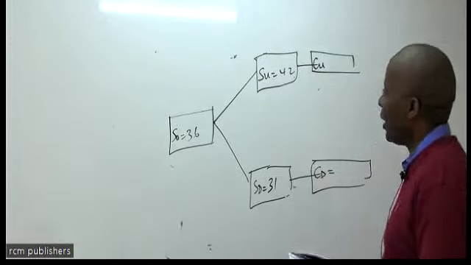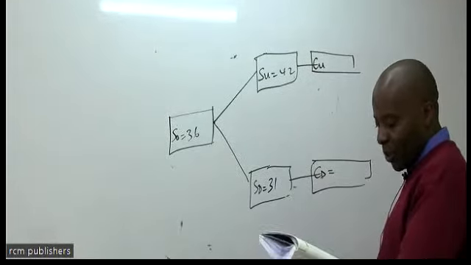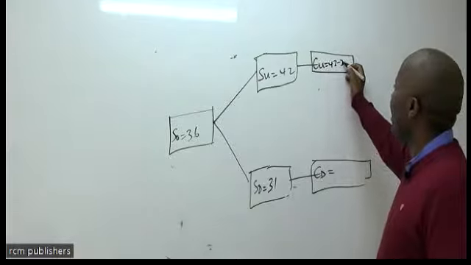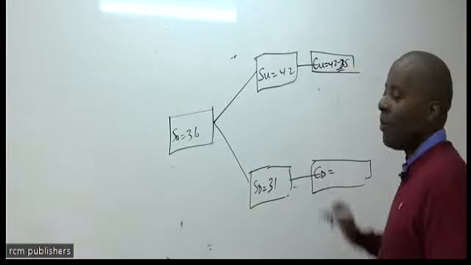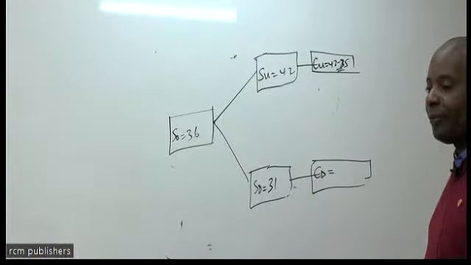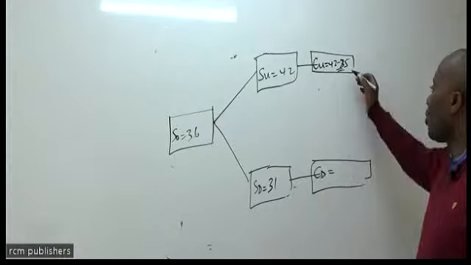Of course, I'll need the strike price. The strike price is 35. So this will be 42 minus 35, which gives me how much? 7. Thank you so much.